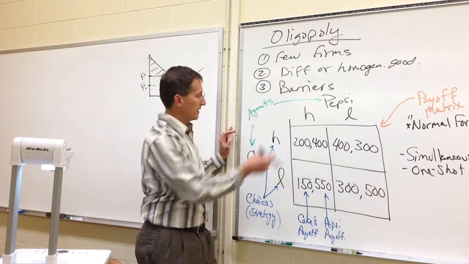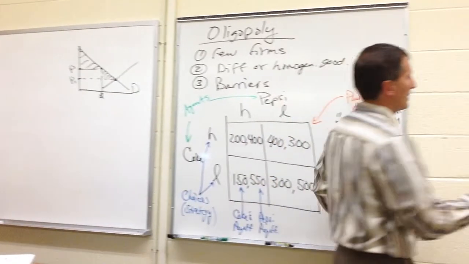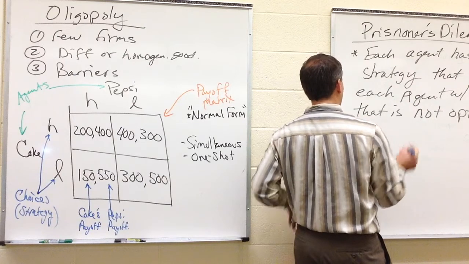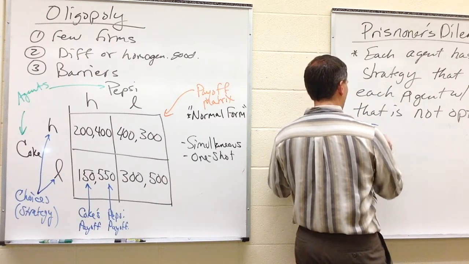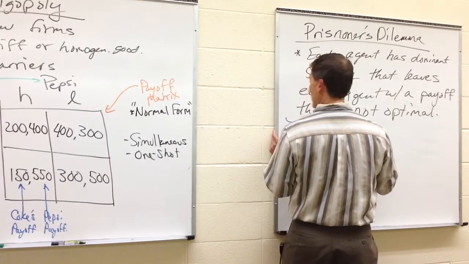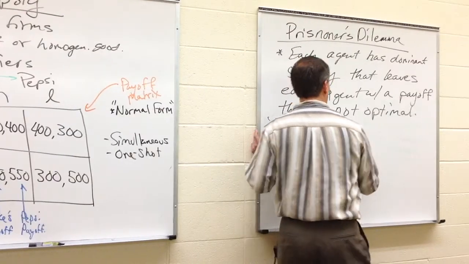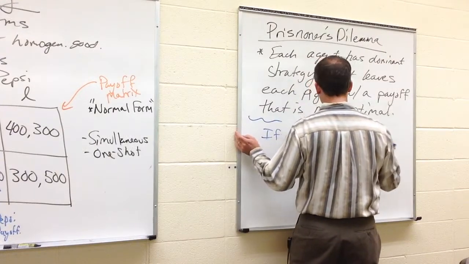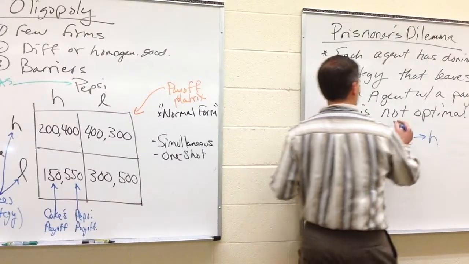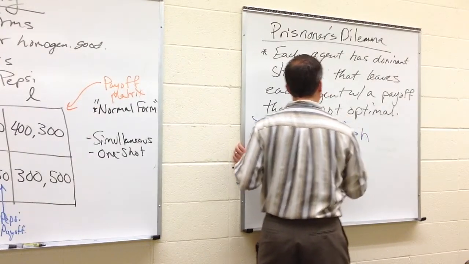Now, for Pepsi, so actually let me write that out in our shorthand lingo. So if Pepsi chooses low, then Coke should choose high. I should put a little "then" in here.